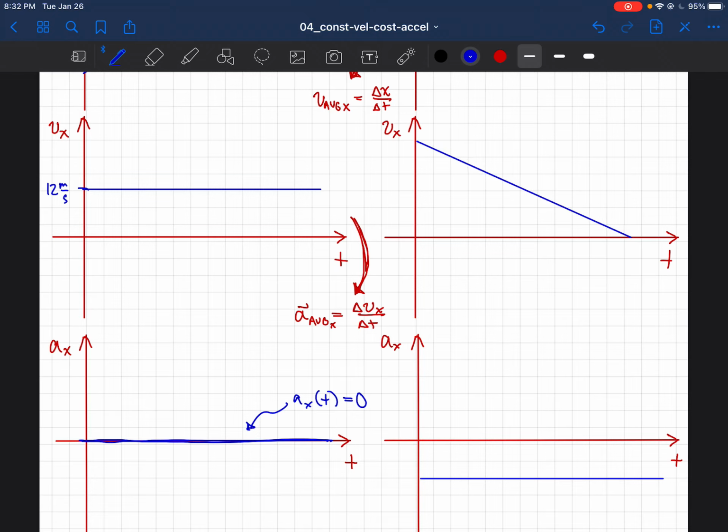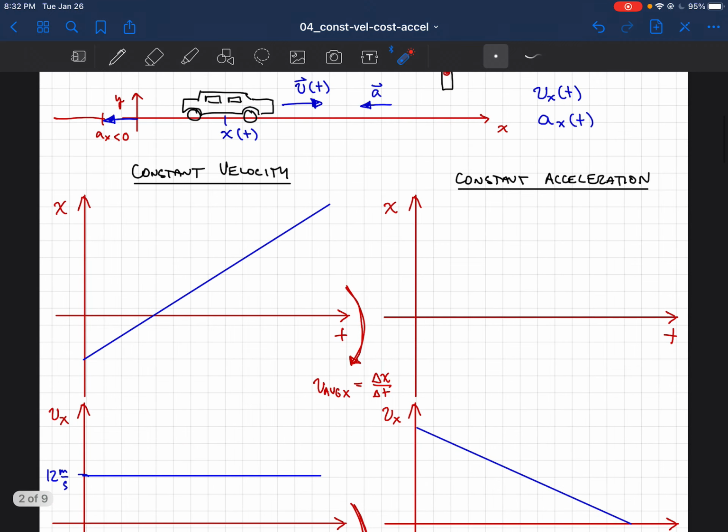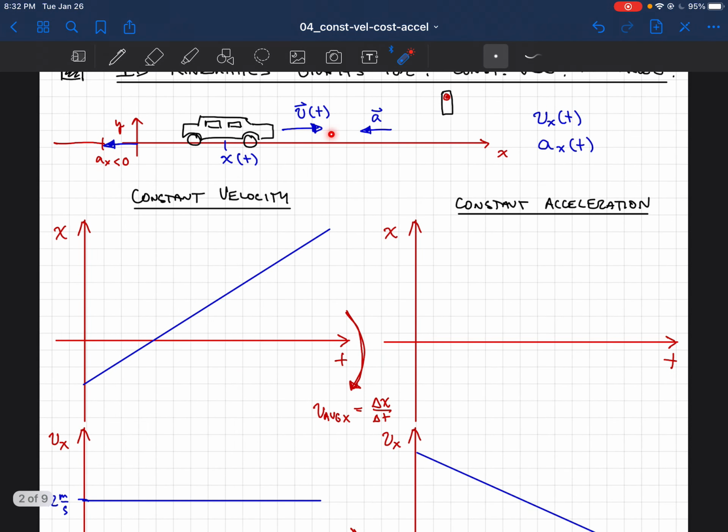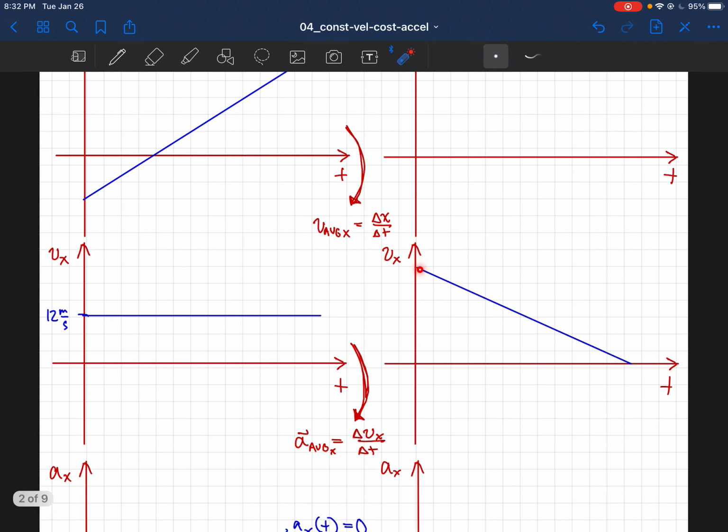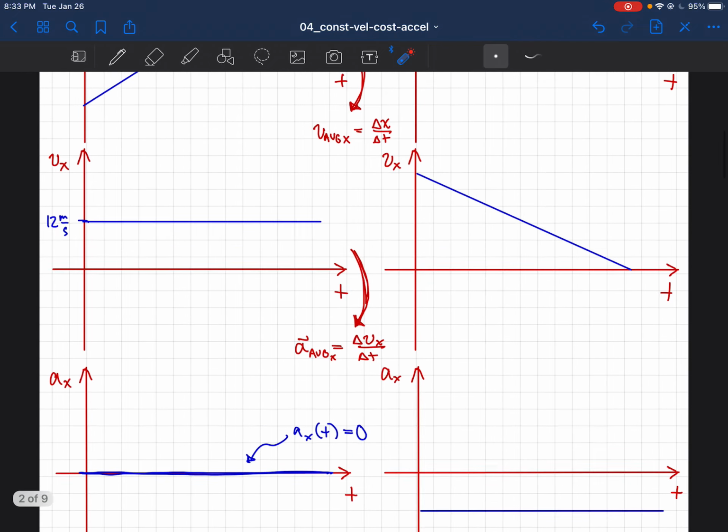So this could be the graph of a car approaching a stoplight. So it has some positive velocity, a velocity vector that points in the positive x direction. And as time goes forward, the velocity gets smaller and smaller until it comes to 0. And that's the moment that the object, the car, stops at the stoplight.